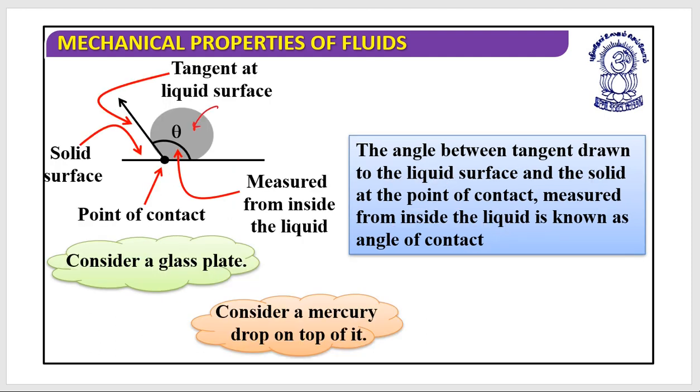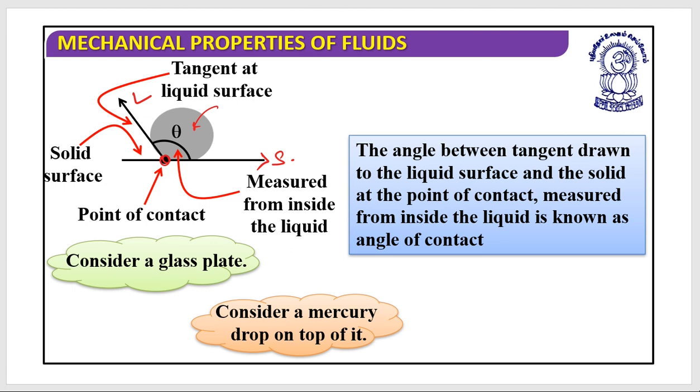Let's suppose this is the liquid droplet and this is the position. Now let's make two tangents. The first on the solid surface and the second a tangent at the liquid surface.